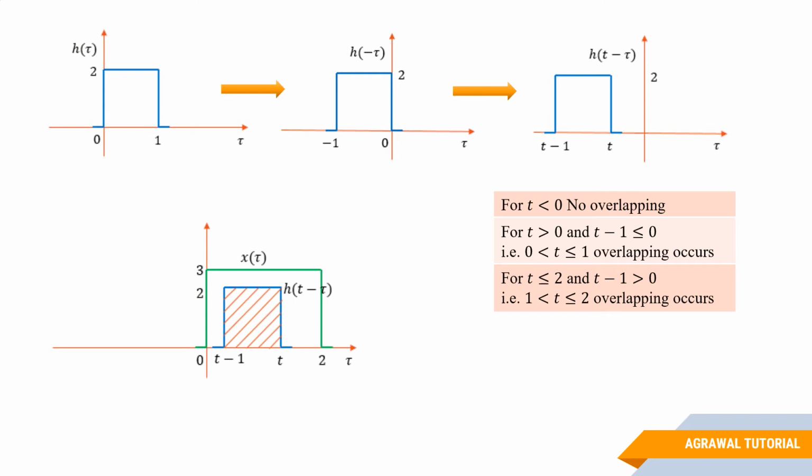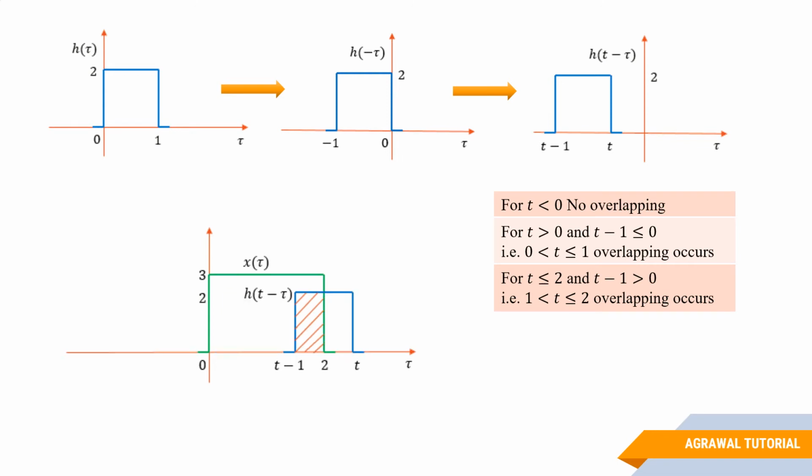So, for t greater than 1 and less than or equal to 2, overlapping occurs. On further moving the signal such that t is greater than 2 and t minus 1 is less than or equal to 2, in this region also overlapping occurs.